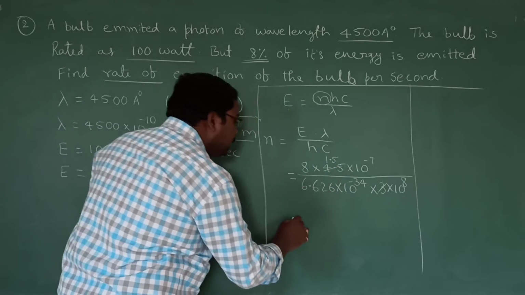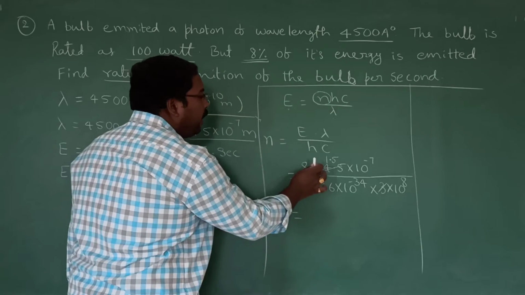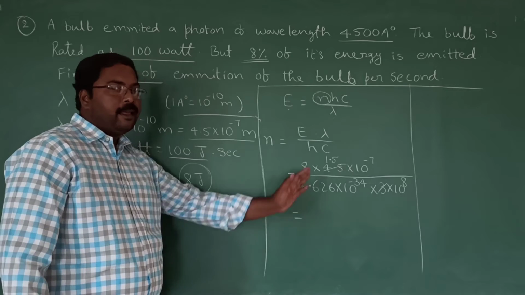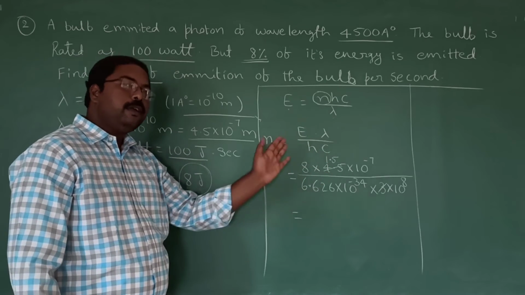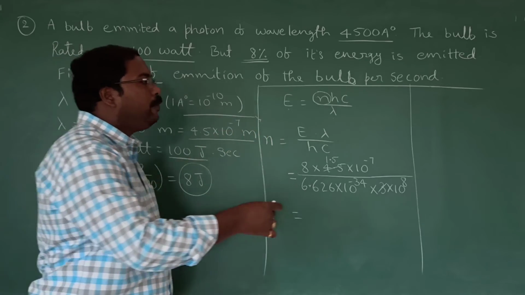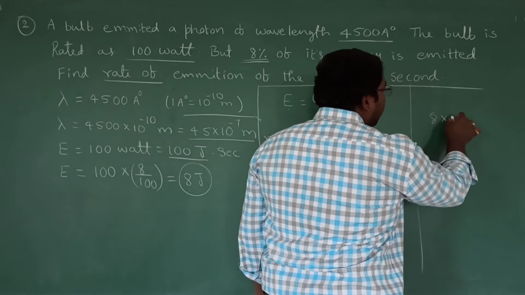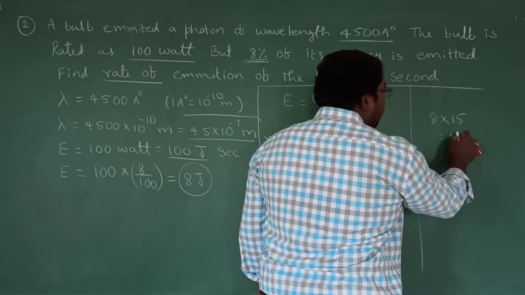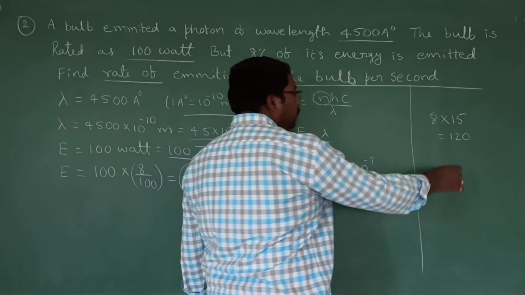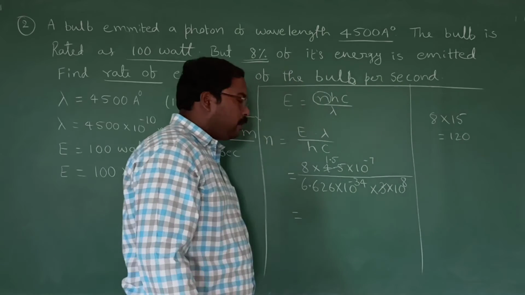So now let us write what the values will be. 8 into 1.5, how much will it be? Normally 8 into 15, 8 15s are 120, right? So 8 into 1.5 will be 12.